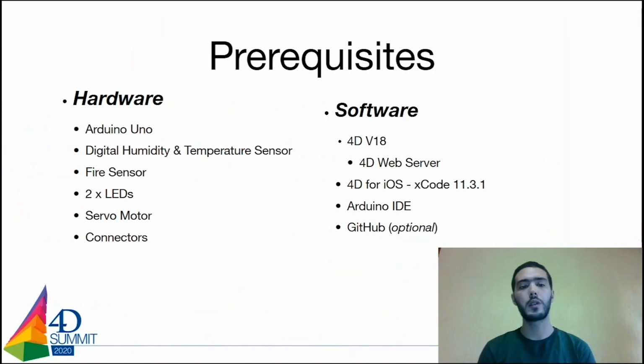I'll start by mentioning the prerequisites needed to accomplish this project. First, we have the hardware components. In this case, I'll be using a single board computer, an Arduino Uno, to which I will attach different sensors. I'll have a sensor for humidity and temperature, and a second sensor for fire detection.